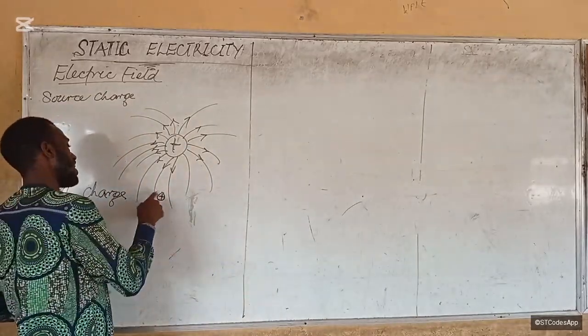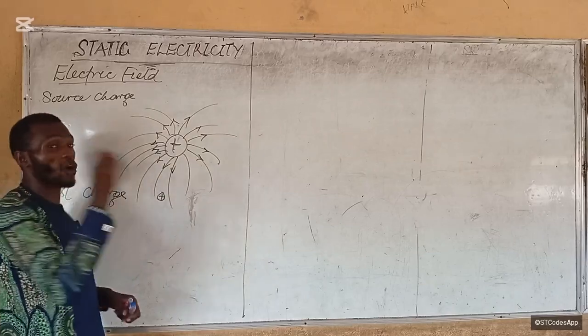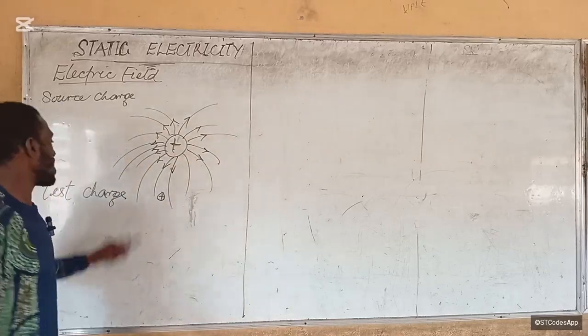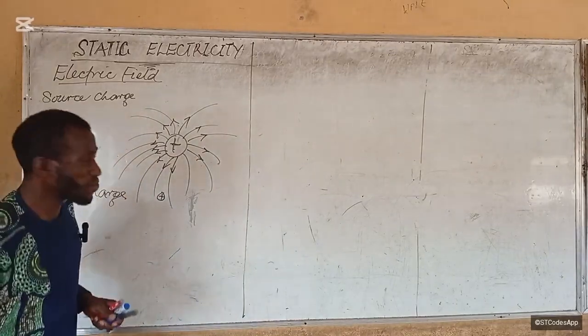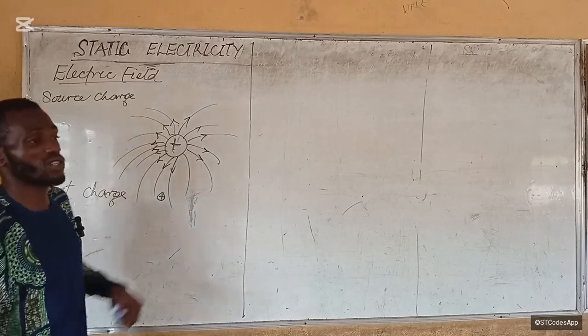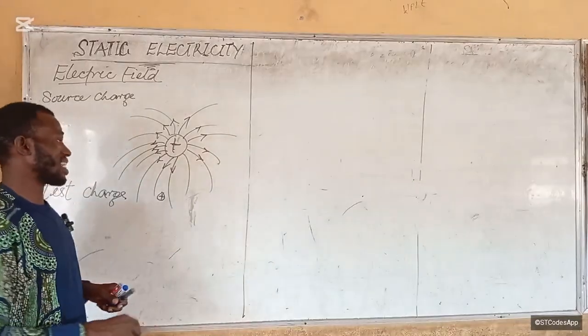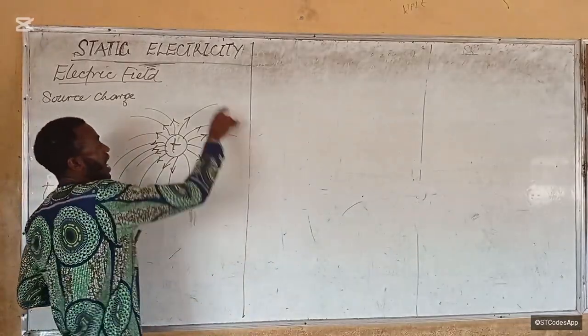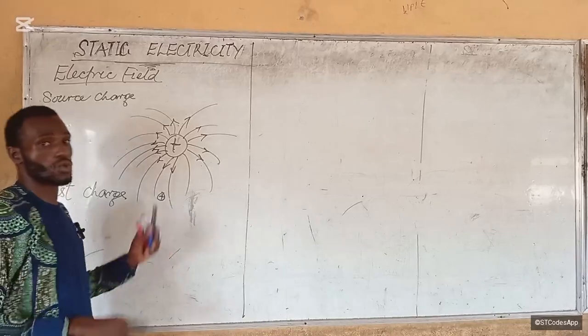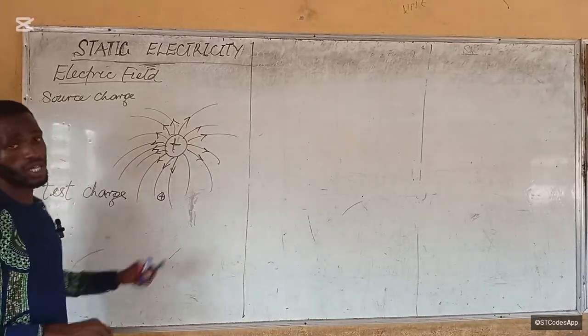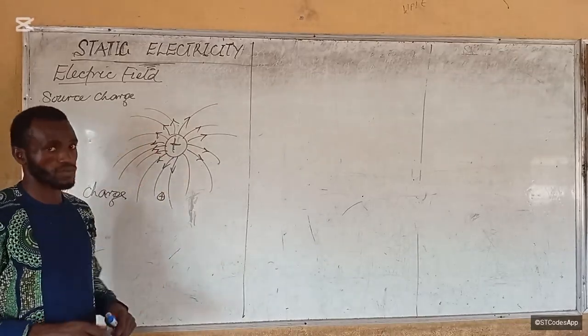If this was 1 Coulomb, then the force on this test charge, this will be called my test charge, will be equal to the force that exists at this region around the charge. The force that will be felt by this 1 coulomb is the force around that region due to this charge.